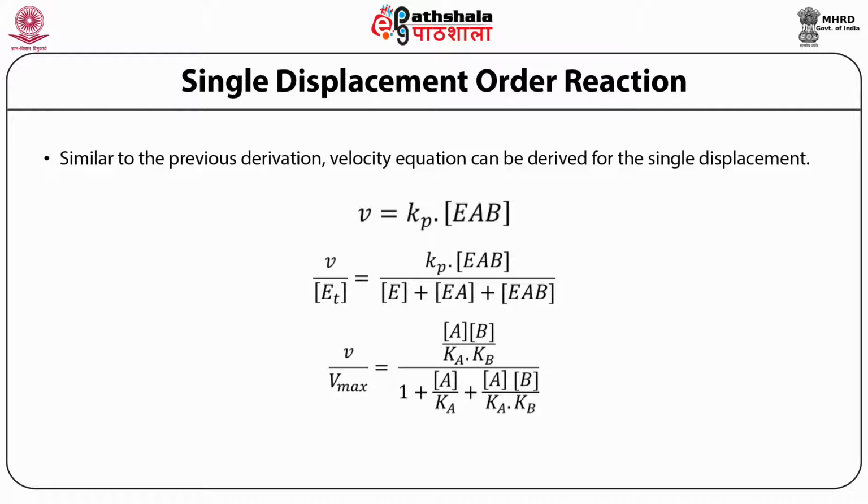When you solve this, you will finally find that V divided by Vmax is equal to the concentration of A into the concentration of B divided by Ka into Kb plus Kb divided by Ka plus concentration of A into concentration of B.